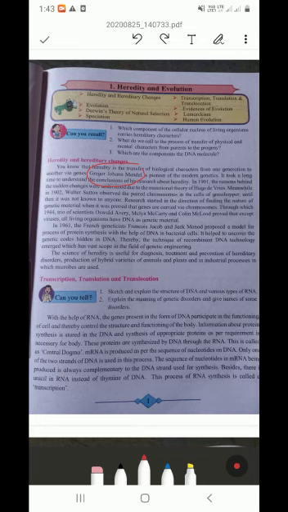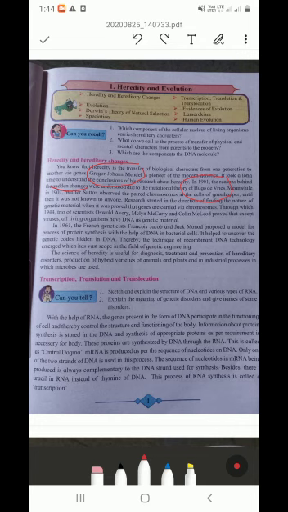Next was Hugo de Vries. He studied the sudden changes in the mutation theory.